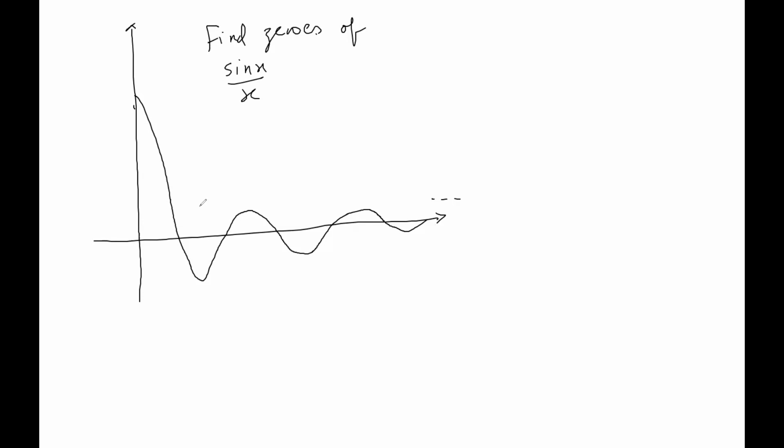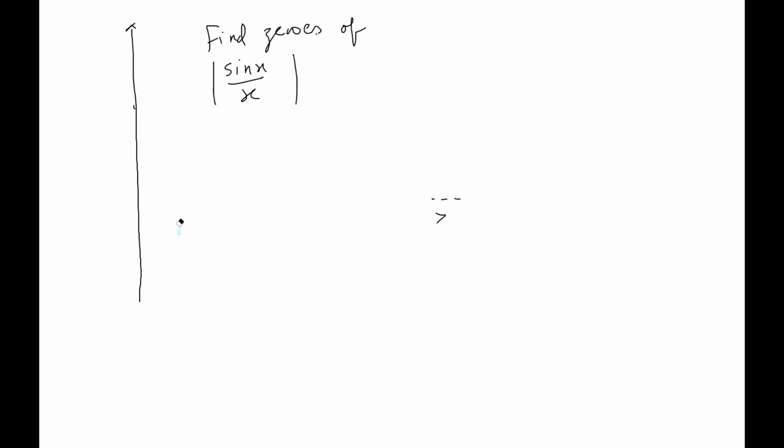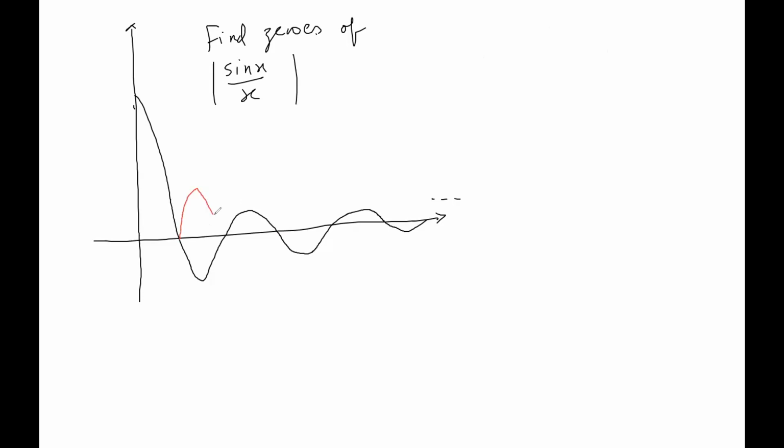Now, for simplicity's sake, I will consider the absolute value. Once you consider the absolute value, this part will flip up, okay? So this will flip up, and so on, all right? So we don't consider these parts. Find the zeros of the absolute value of this function.